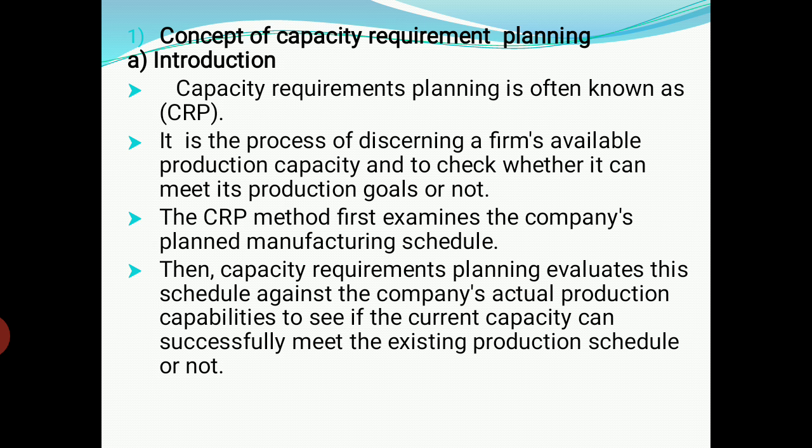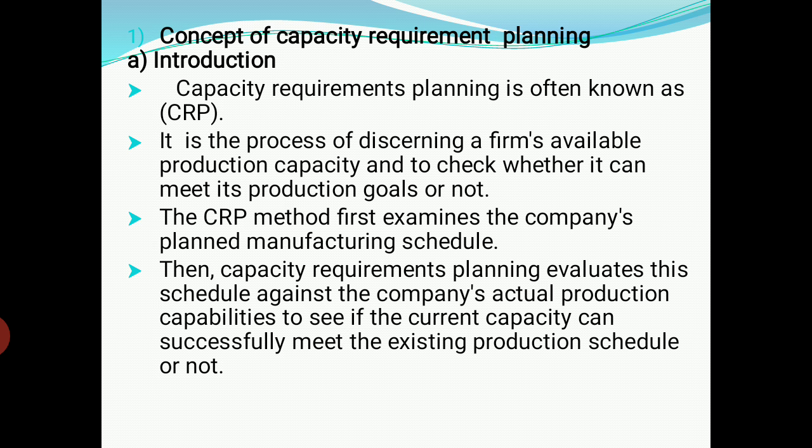Whatever the available production capacity is, whether it is able to meet the production goals of the future, or maybe the near future, or not. When you check this with the help of the available resources or available production capacity, that is known as the CRP.